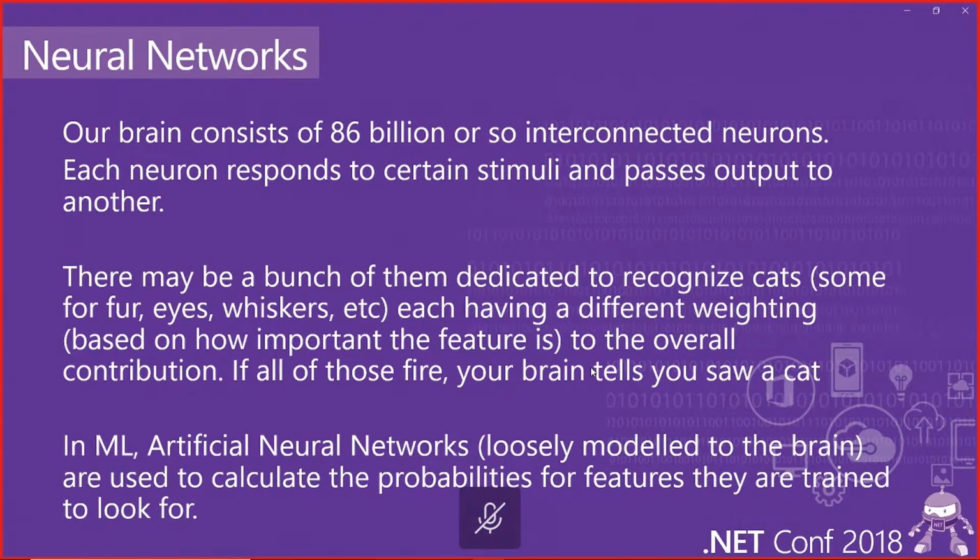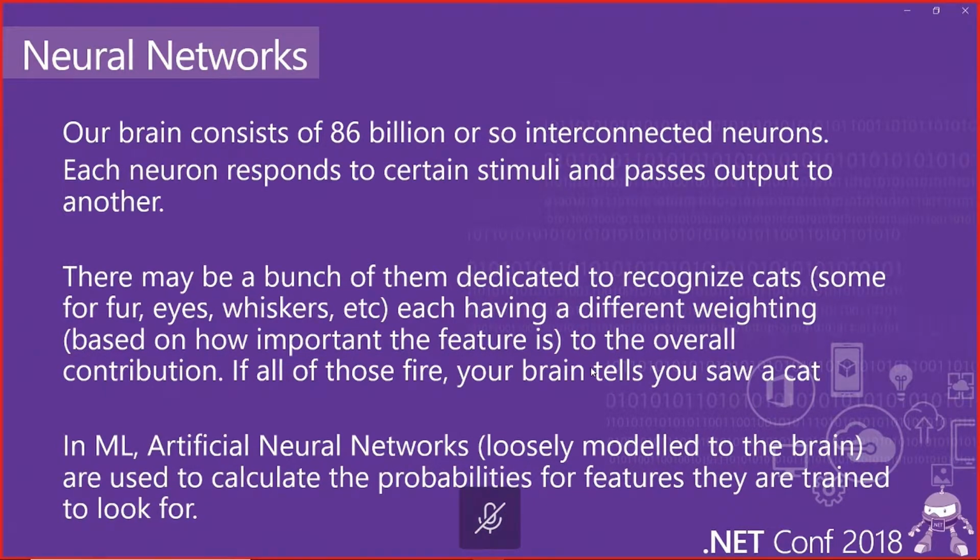There may be a number of them dedicated to recognizing a cat, some for any attributes we want, each having a different weight. The weight is how important that feature is to the overall contribution of understanding animals, for example. When all these neurons fire, your brain tells you that you saw a cat.